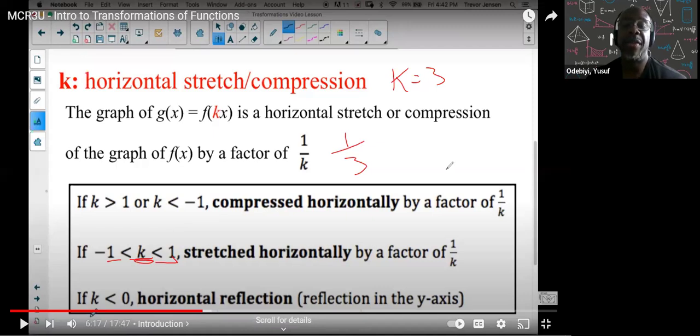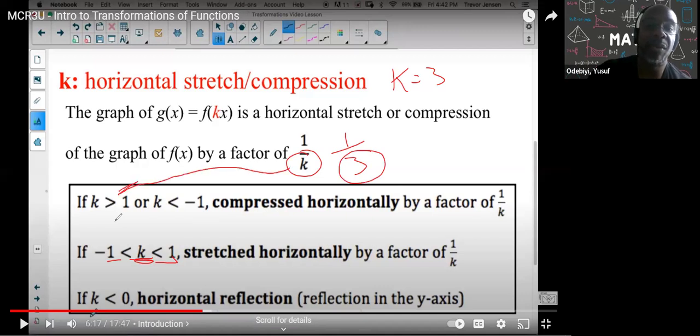Because K here, I said K here is 3, right? So K is 3, which is greater than 1, but because 1/3 is small, you basically are compressing it horizontally.